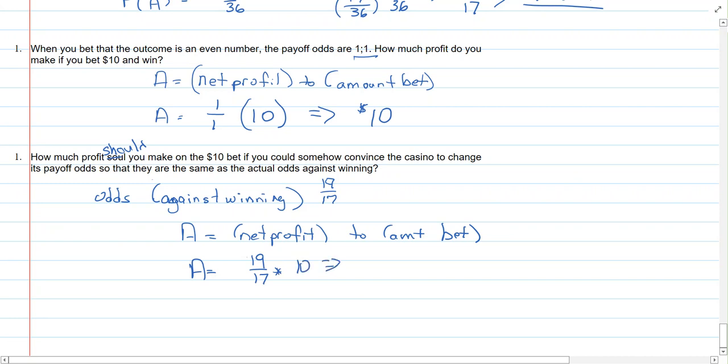So that's going to be 190 over 17. Now, because we need money, we're going to use the calculator.